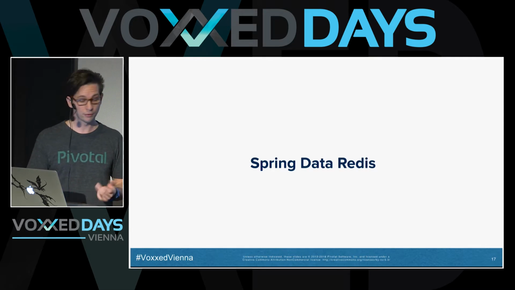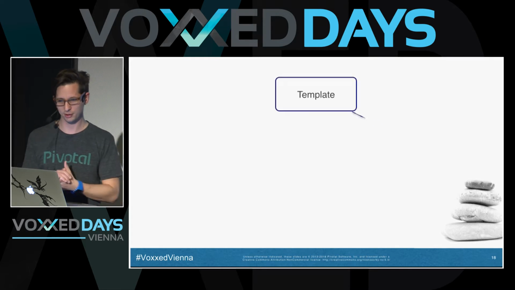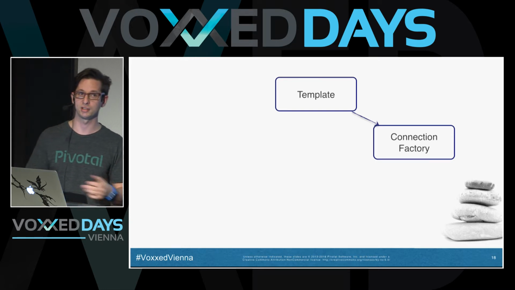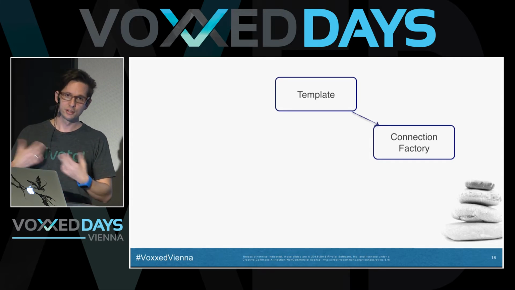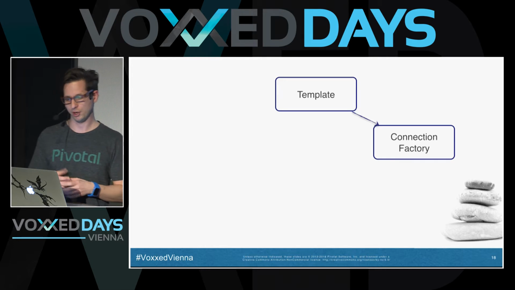So let's start off with a few Spring Data Redis basics. What we have is a template. Those of you familiar with Spring will know the templating stuff that we have for JDBC template and all that. So basically the template does the resource management and exception translation into Spring's exception hierarchy.